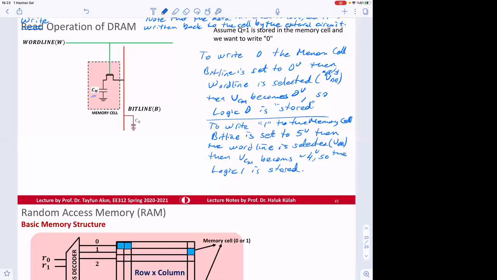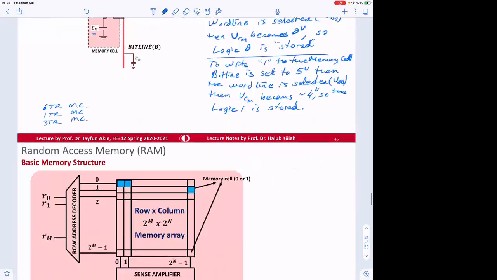There are 6 transistor memory cells, or 1 transistor memory cells, or even 3 transistor memory cells. In the past, all these were tried.